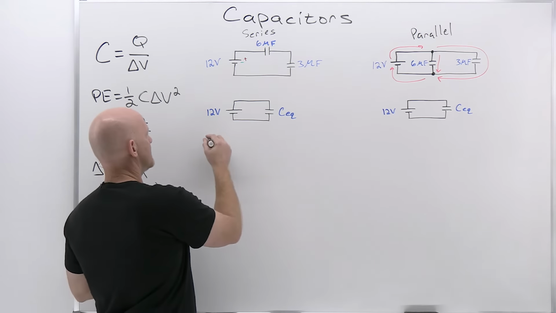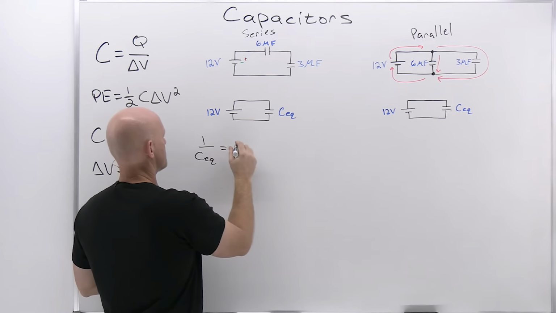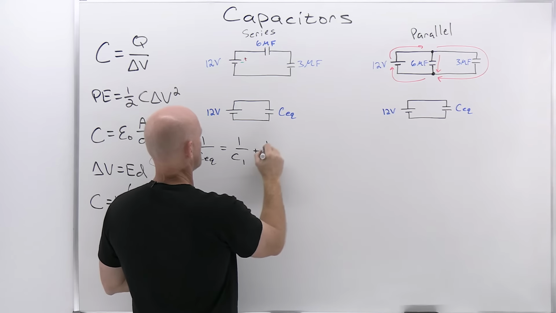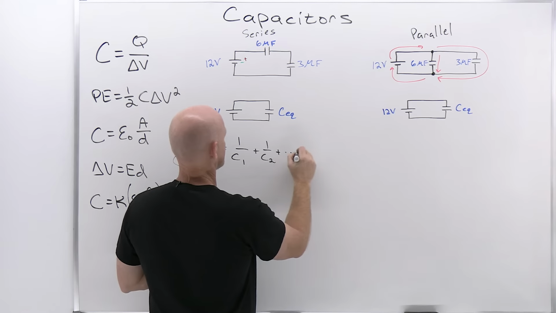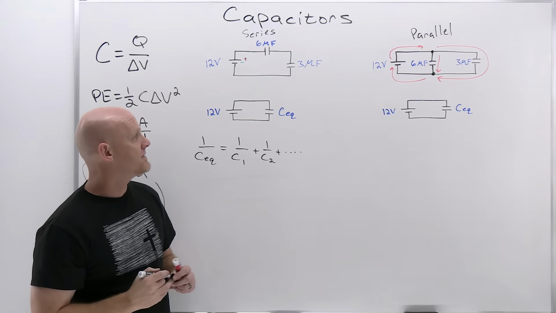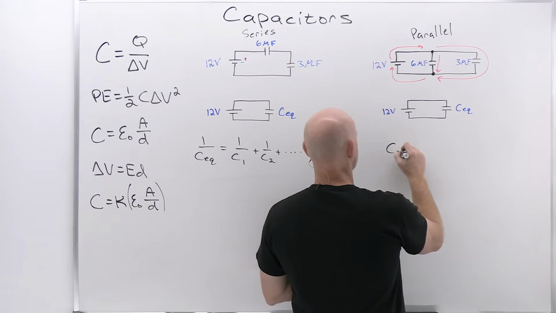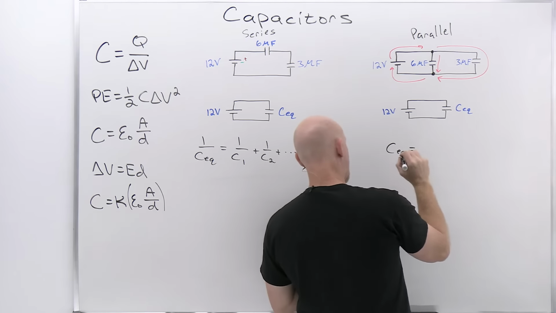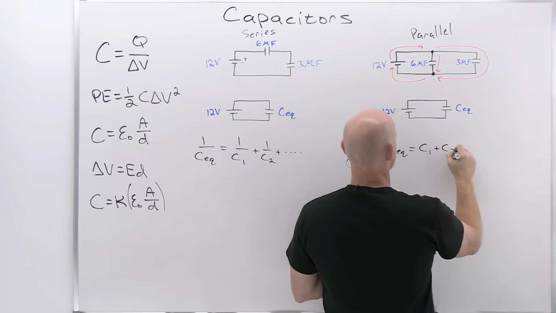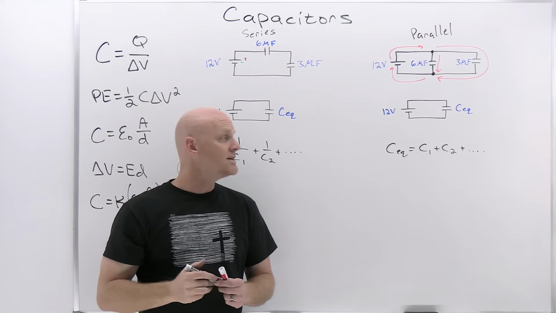In the case of when they're in series, they add as reciprocals. That's going to be 1 over C1 plus 1 over C2 plus dot, dot, dot, if you have more than two of them arranged in series. Now, if you have them arranged in parallel, this is the easier situation. You're just going to have the equivalent capacitance equal to the sum of the individual capacitances, and it's really easy to do.